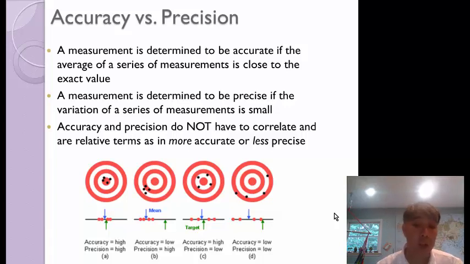It's pretty close. I would actually think maybe A is a little more precise. In the case of D, that looks like very low precision. So those two terms don't have to correlate with each other, and it's important to remember that they're relative. The question should always be, is this equipment or this procedure more or less accurate, more or less precise?